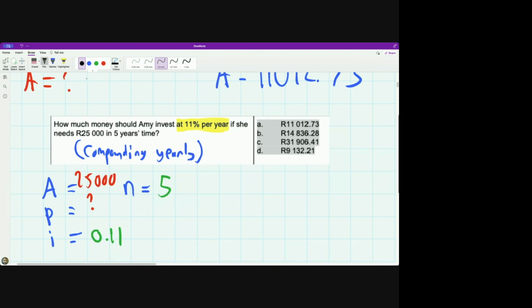Okay, I will give you the compound interest formula, but you need to do the magic and figure out what this P value is, and then tell me which answer you think is correct. Over to you guys and girls. Think about where things go and take out your calculator. You can do it.